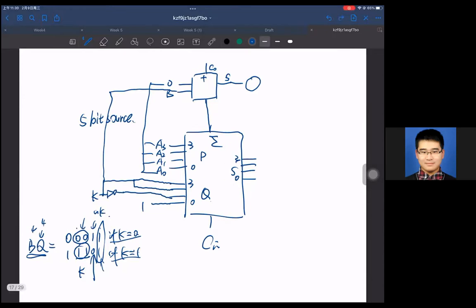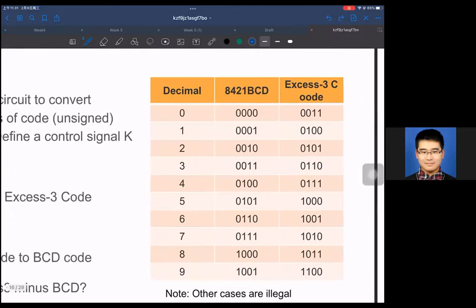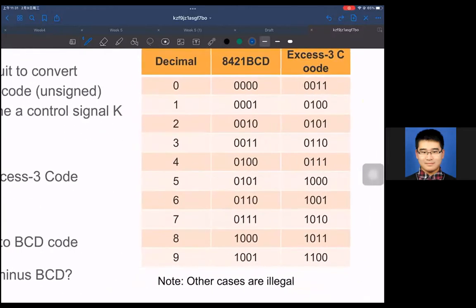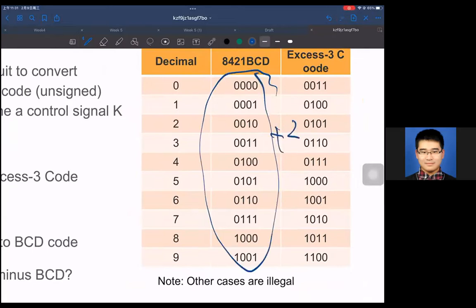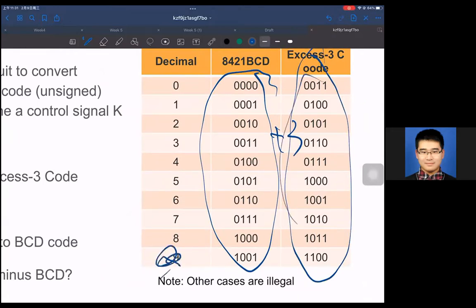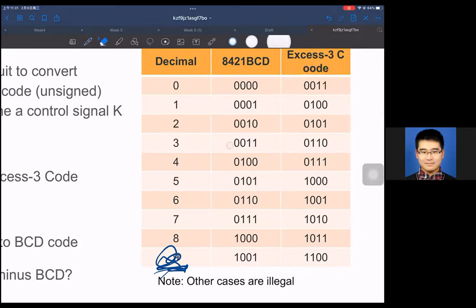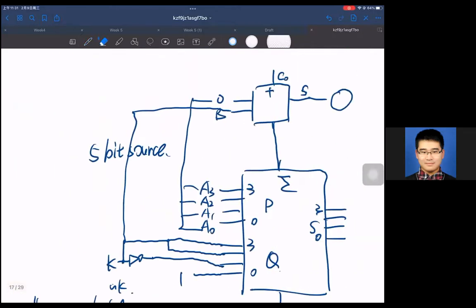But we can do some simplification by looking at this question, which is for these numbers, if you do +3, you will always get a positive number, right? And for this number, because we are limiting the maximum number to be 9, for this code, if you -3, of course, you won't get anything below 0. That's because the root cause is the limitation, your input is limited.